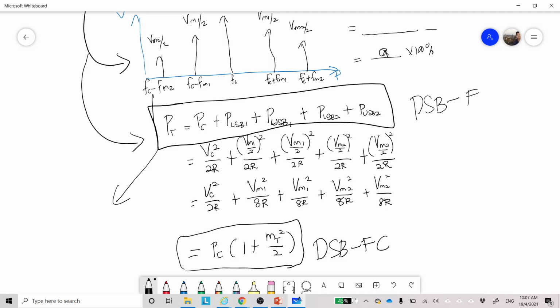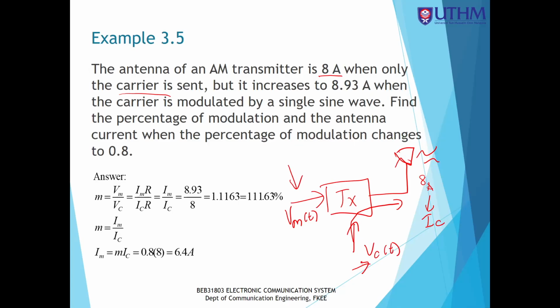Okay, so the output is 8 ohm. Okay, so that means this is direct to the output, which is referring to the I carrier. Without the input message, the output only produces the carrier. Okay, so when there is an input message, apabila ada input message, the current becomes 8.93.